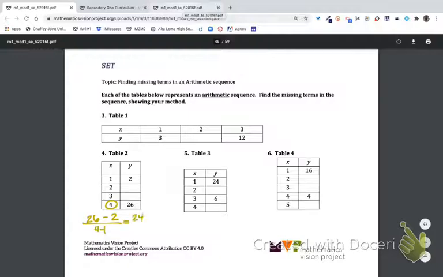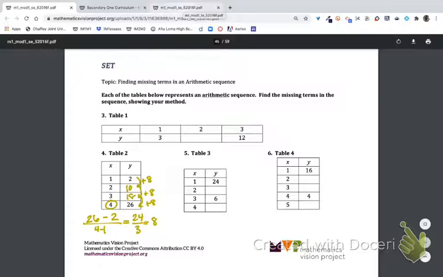That would be 24 over 3. So we know that our common difference is 8. If I add 8, I get 10. Add 8, I get 18. Add 8, I get 26.